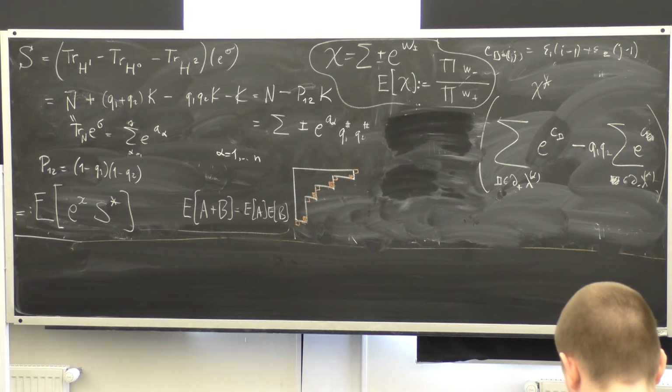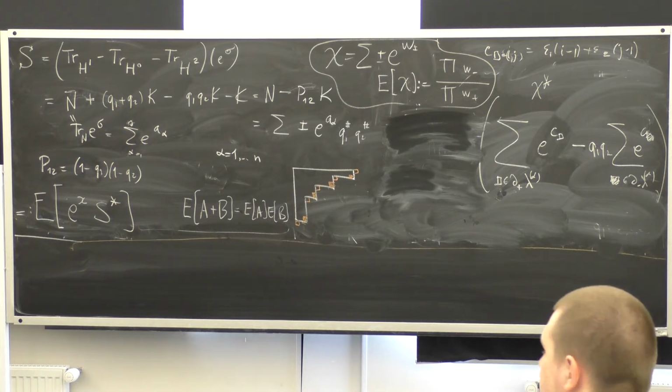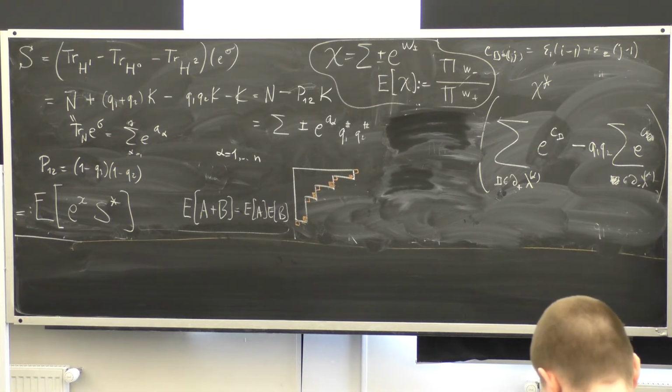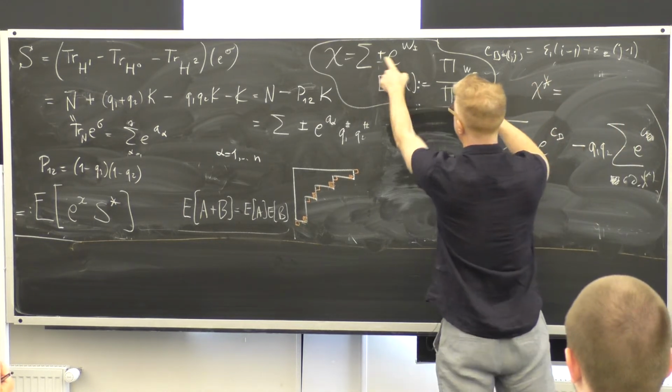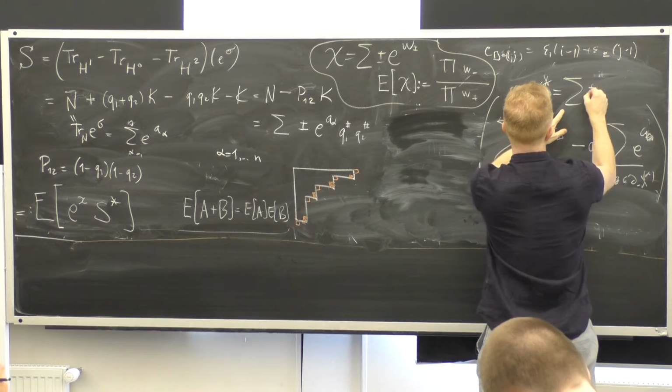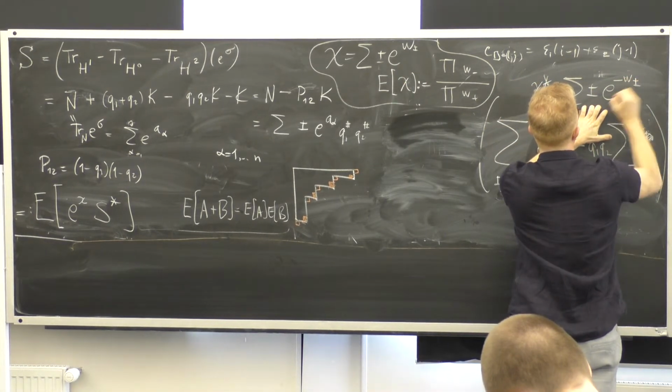So now in practical terms, yes, sorry, I started the right definition and got distracted. For that chi, the chi star is the same sum with plus minus, but you change the sign of the weights.